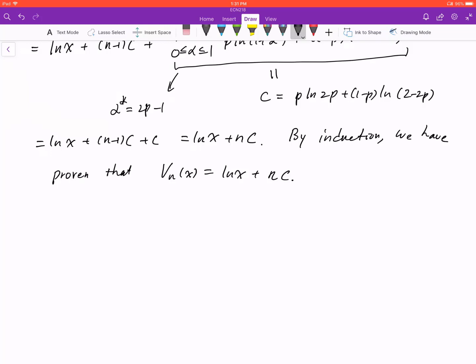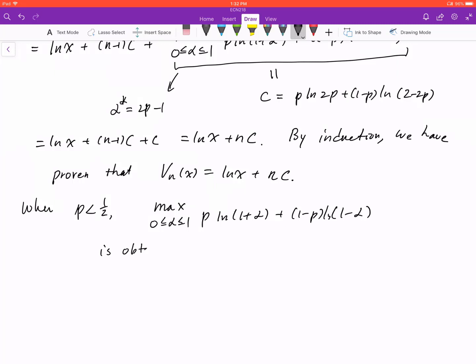Now the case when p is less than 1/2 is easier, so we will not do that anymore. Let's just write down the result. When p is less than 1/2, for this optimization problem, p log(1 plus alpha) plus (1 minus p) log(1 minus alpha), the maximum value is obtained when alpha is equal to 0.